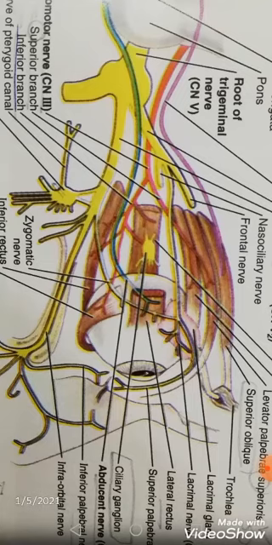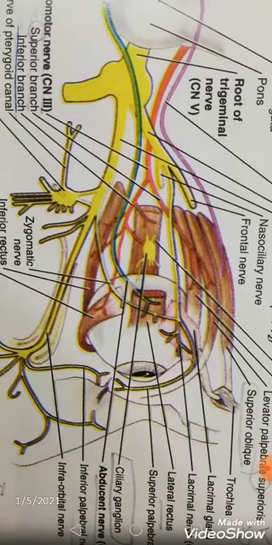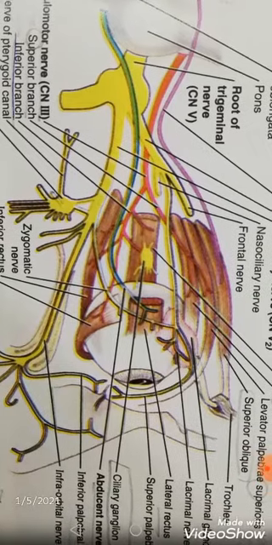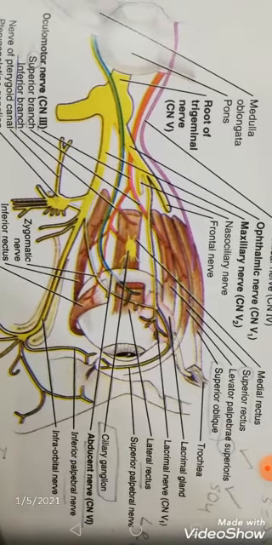The motor root arises from the oculomotor nerve, or you can say its nerve to inferior oblique, through its inferior branch. And from where does it come? It takes origin from the midbrain, from inside the Edinger-Westphal nucleus, which is a parasympathetic nucleus.